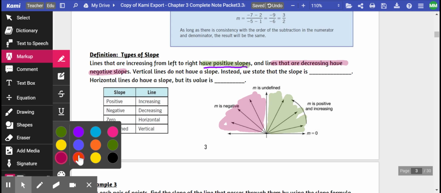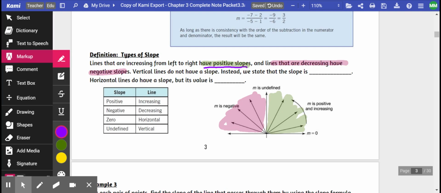Now we also have a slope that's undefined. A slope that is a vertical line is going to be undefined.